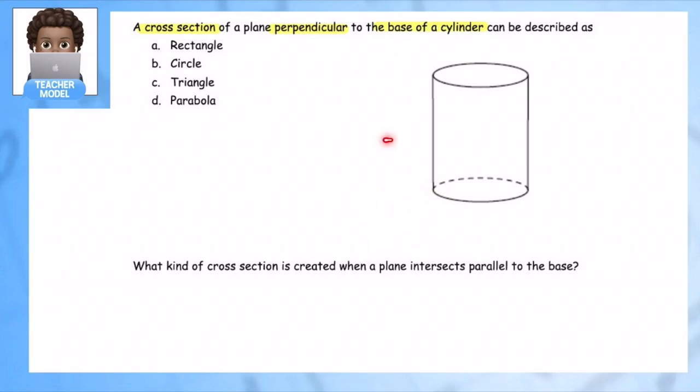So I'm not going to cut parallel. If I cut parallel, it would be parallel to the base. Like if I cut a slice of cake, like if I cut it in the middle and just took the top part, this would be a parallel cut. We're going to cut perpendicular. We're going to slice it straight down. And so I want you to imagine that slice is happening straight down in our shape.